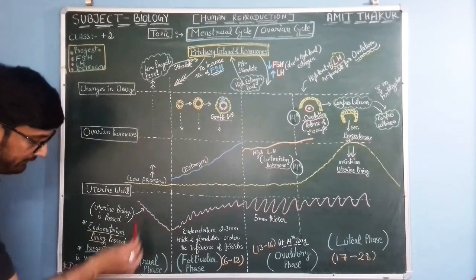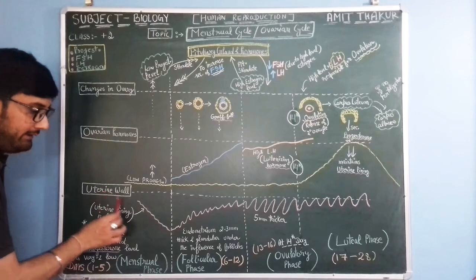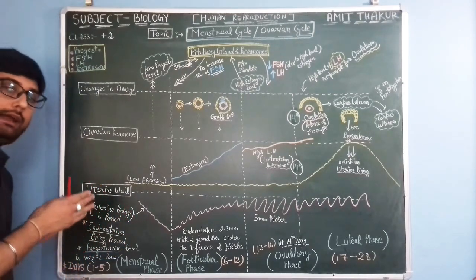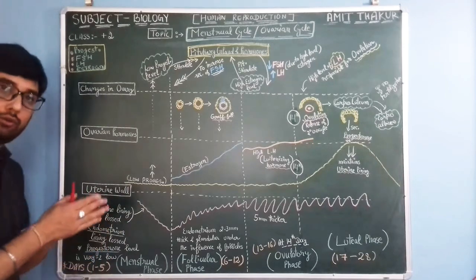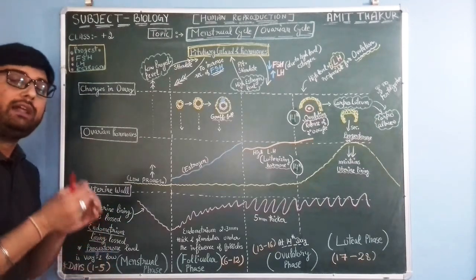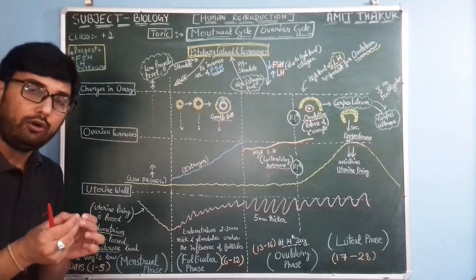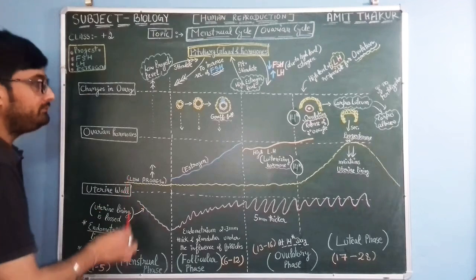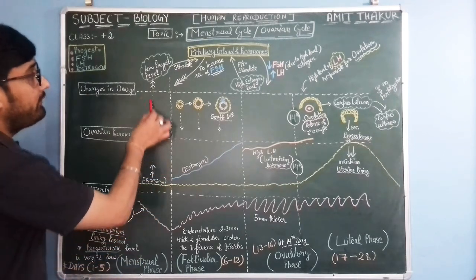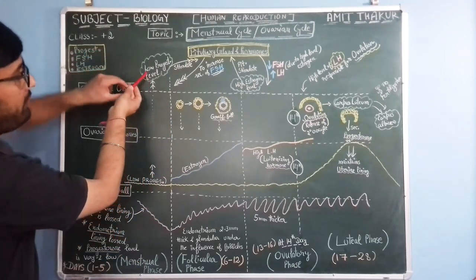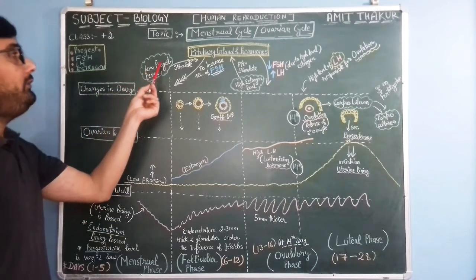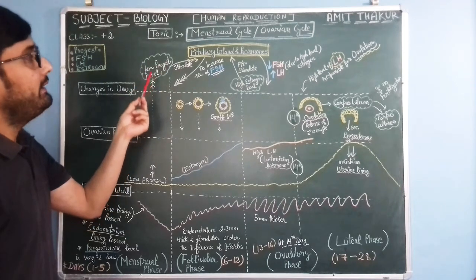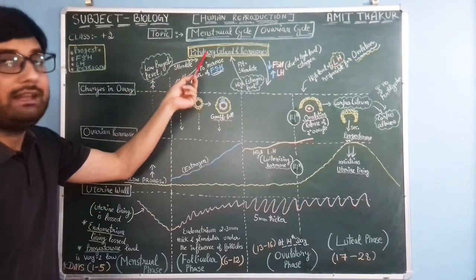This is the menstrual phase, and the uterine wall is not thick at that time, and the endometrium lining is lost along with blood vessels due to a very low progesterone hormone level. Due to this low progesterone hormone level, what happens? The low progesterone level stimulates the pituitary gland.